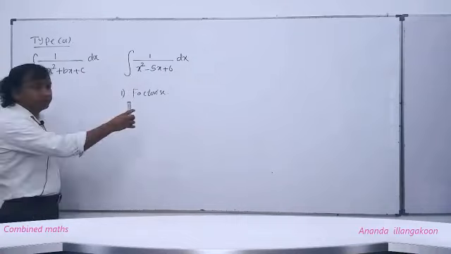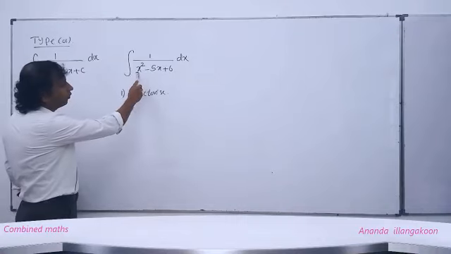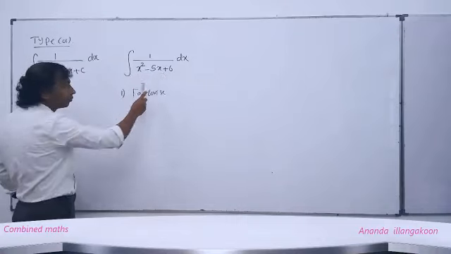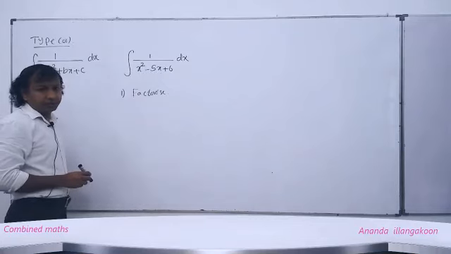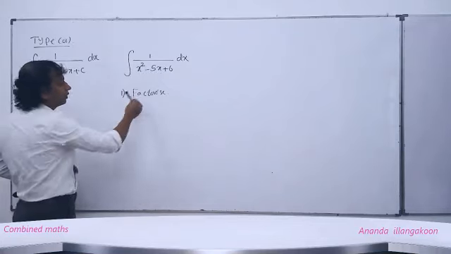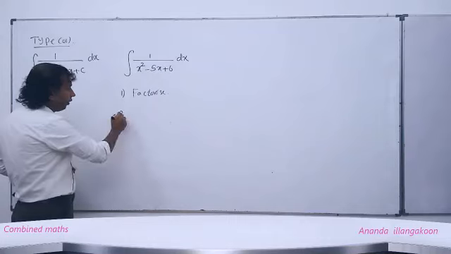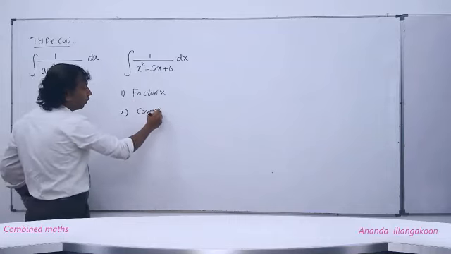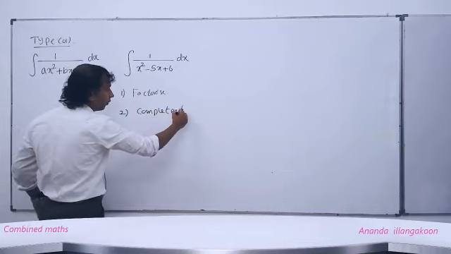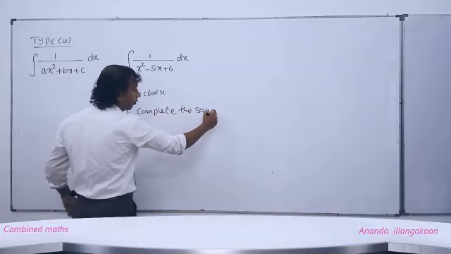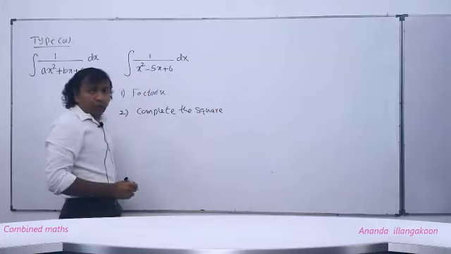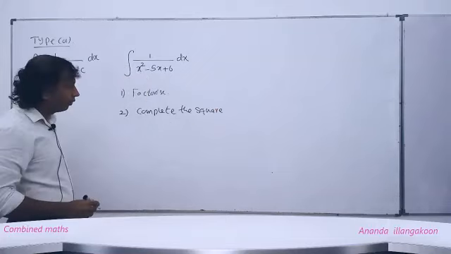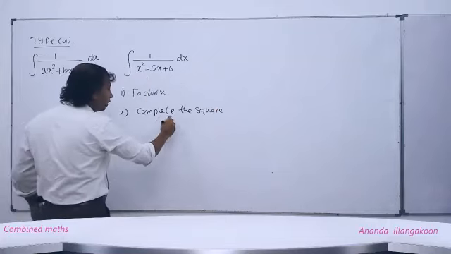Our first try is this: we have to factorize this. Sometimes you can't factorize this. Then complete the square. When you complete the square, you will get the denominator basically in two forms.